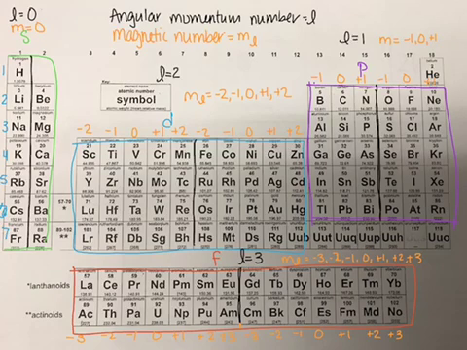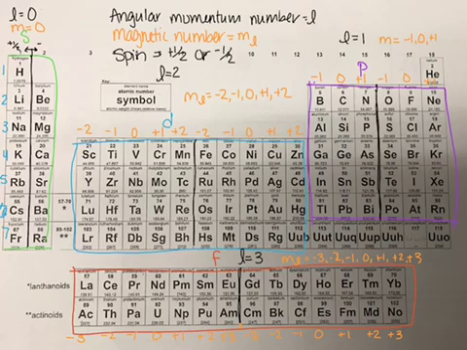Last, we have our spin, which I think I'll just do in black again. Our spin number can either be +1/2 or -1/2. And that really corresponds to that line of symmetry that we drew. Everything to the left of that line will be +1/2 for the spin.